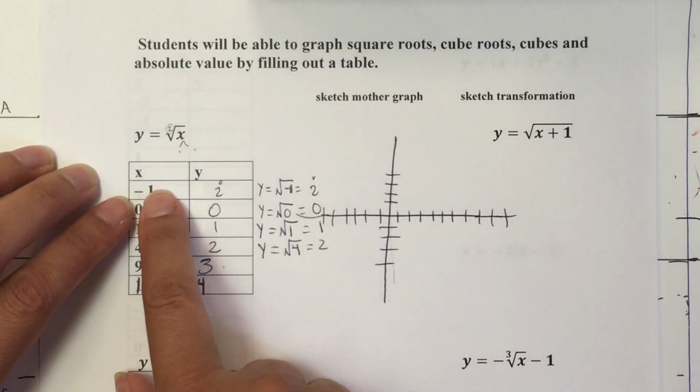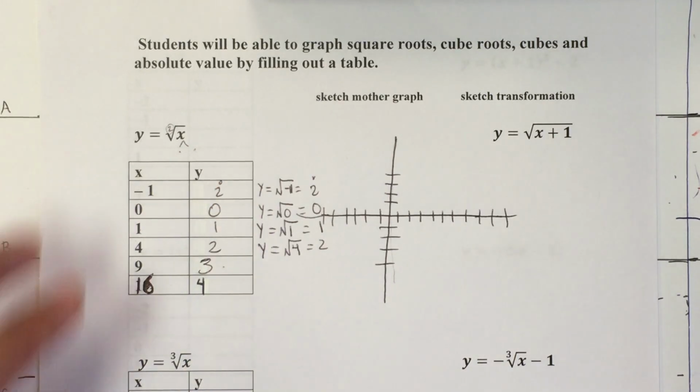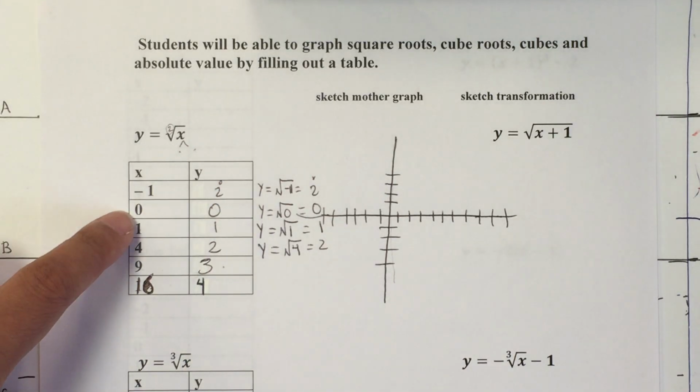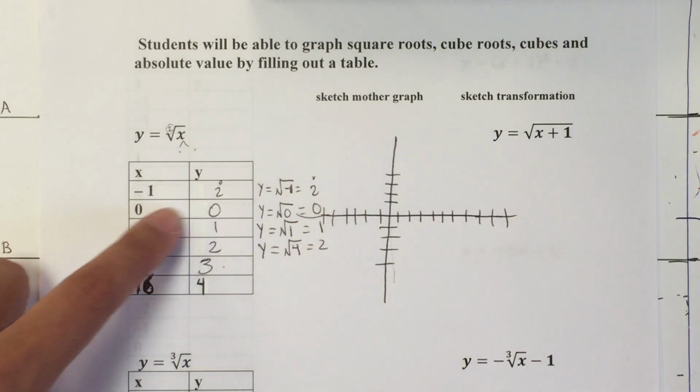The first point says -1, imaginary number, and so that point basically cannot be graphed, because an imaginary number doesn't exist on a coordinate plane.